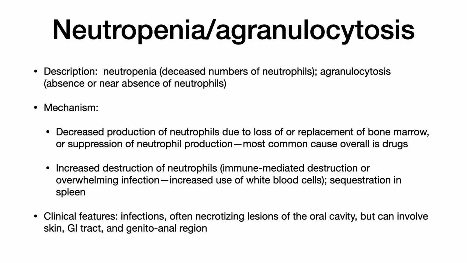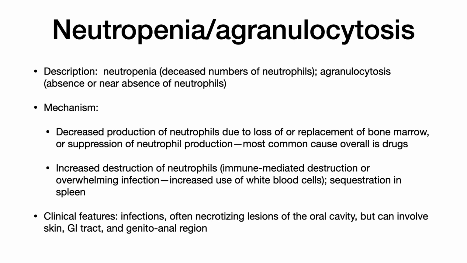If you have replacement of the bone marrow, as I just said, by a leukemic infiltrate, a lymphomatous infiltrate, a neoplastic, otherwise non-hematologic infiltrate that wipes out the normal bone marrow, then you will lose the ability to produce the hematopoietic cells. Or if you suppress their production, as a lot of drugs can do, that can cause neutropenia.